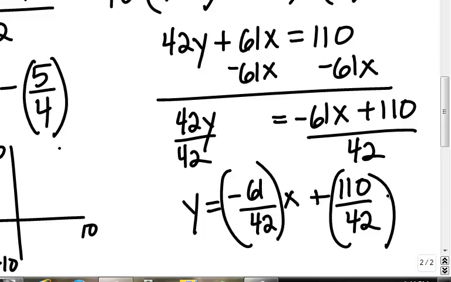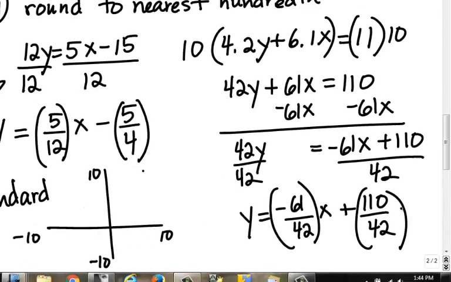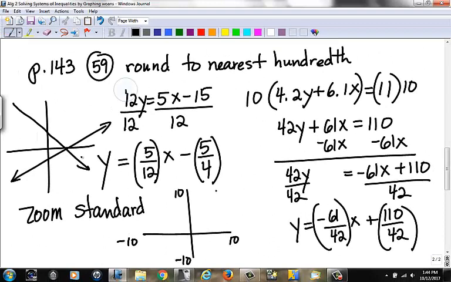Okay, everybody get that in? Okay, and then hit graph. Everybody good? Hit graph. Okay, and you should see another line come through similar to that.